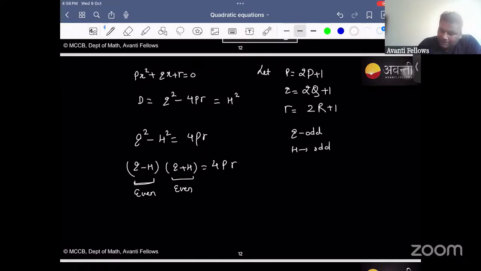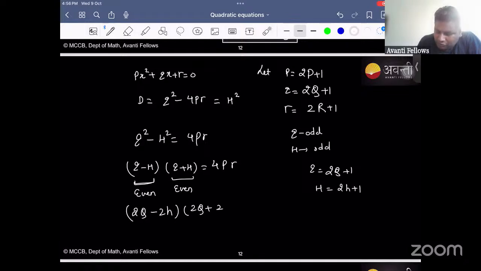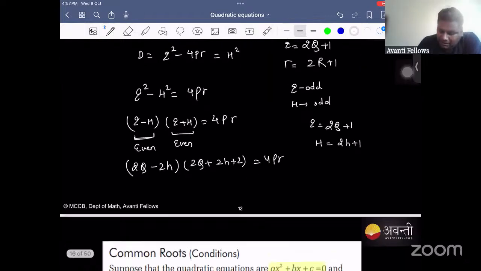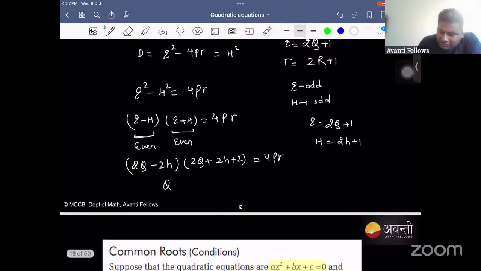So let q be 2q plus 1 and h be 2h plus 1. So this will be 2q minus 2h and this is 2q plus 2h plus 2. This should be 4pr. Now if I take 2 common, this 2 will cancel. It will be (q minus h) and this will be (q plus h plus 1). This is pr.